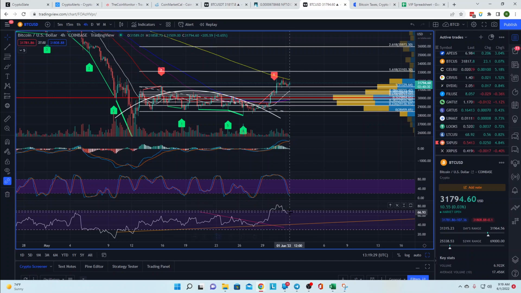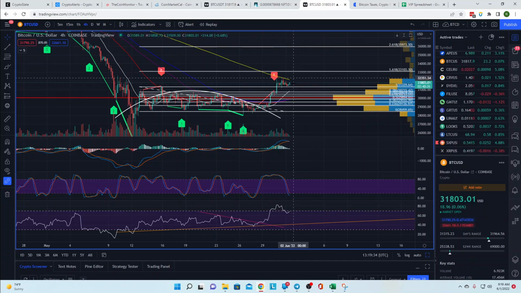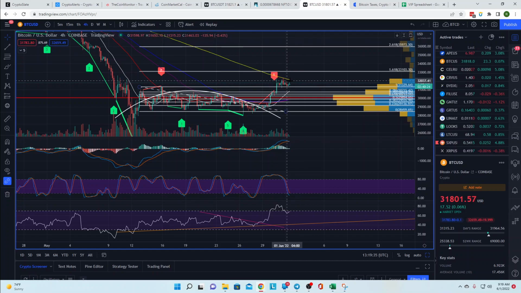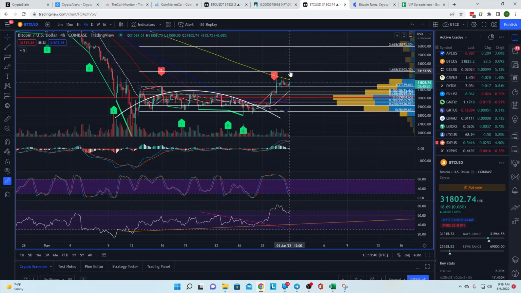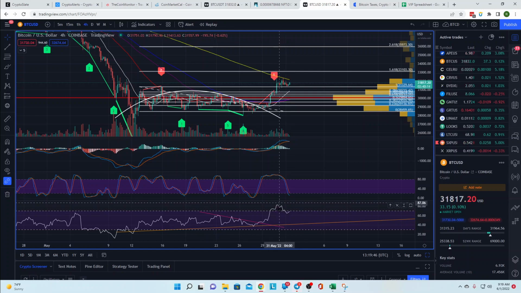So we would want to see the 4 hour come back up here, which means positive price appreciation, probably to just above the 200 simple here, maybe even taps up here, rolls back down to retest the 200, and then bursts back up into this level of overbought. And I think that would be the move that would get us up above 33,000.